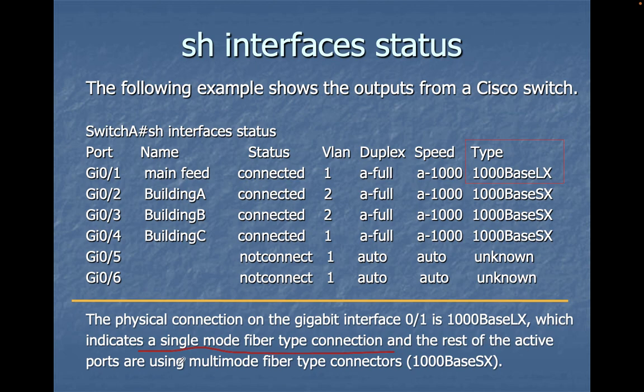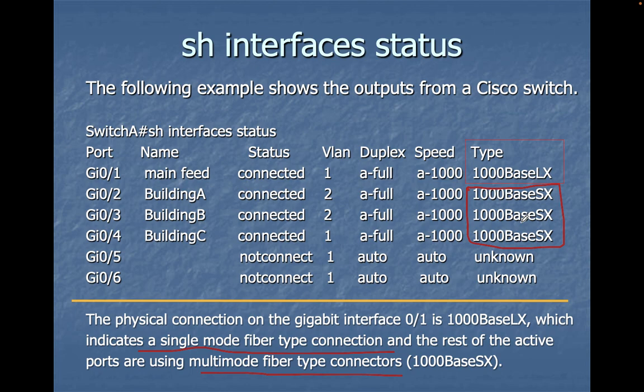The rest of the active ports are using multi-mode fiber type connectors, the SX ones. 1000 base SX is a multi-mode, but 1000 base LX is a single mode fiber. So that's what it means. It's about the fiber connection, single mode and multi-mode, the type of mode that is being used. Is that okay? That's what this displays. So now let's move on.